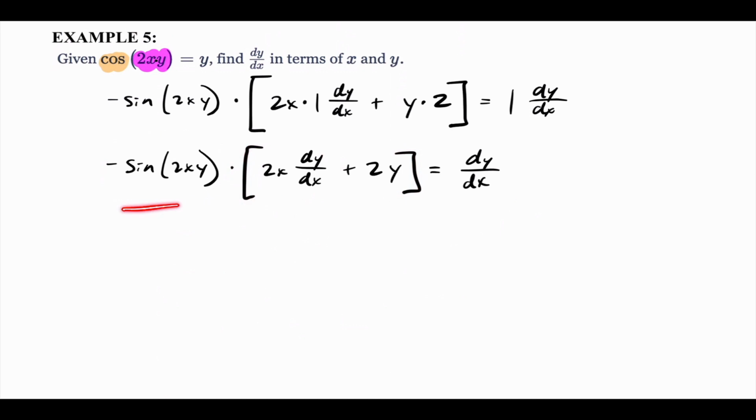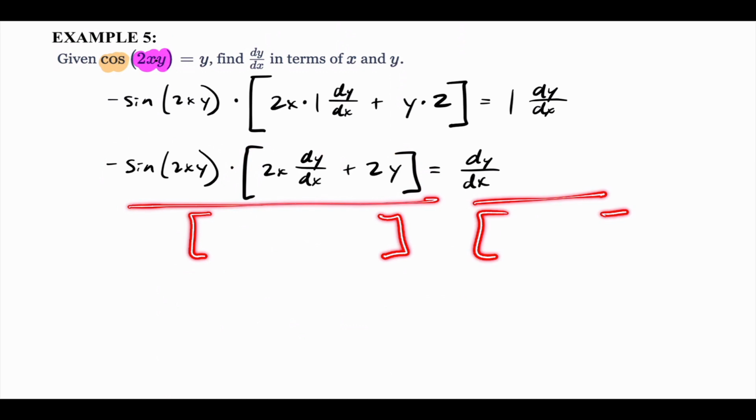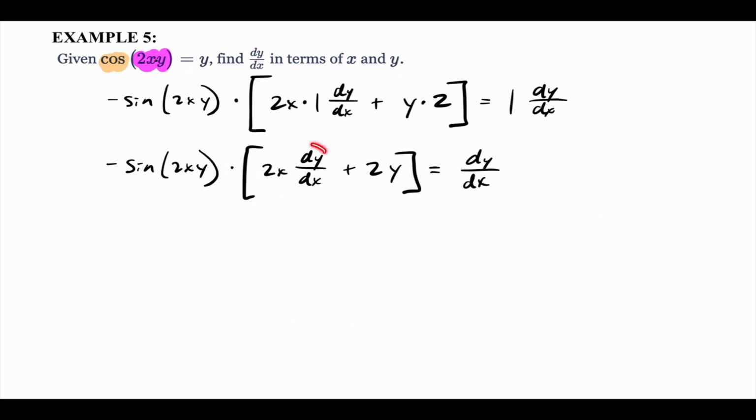I could divide this guy here, the brackets, but that wouldn't isolate it because that would still be on this side. The easiest way I think to do it is to use distributive property. Distribute what's on the outside with what's on the inside.